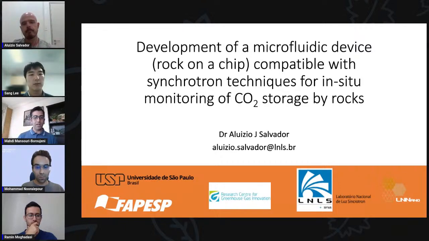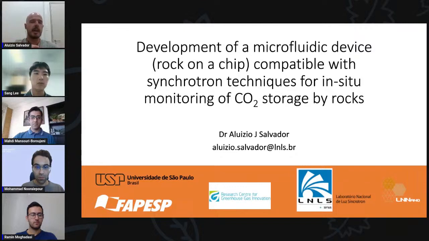Yes, for sure. The point is that we are not using supercritical carbon dioxide. We are using it dissolved in water, so it's liquid carbon dioxide. In the flow test that we performed, I showed the movie in the presentation, we saw a flux of 0.5 millimeters per minute during the entire day and we couldn't see any leaks.